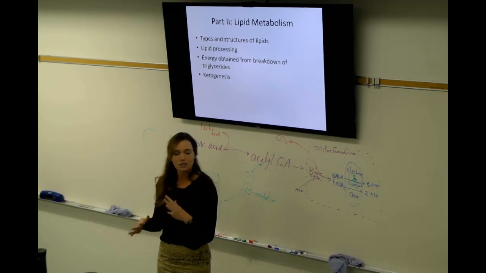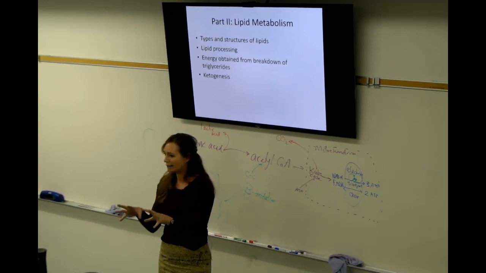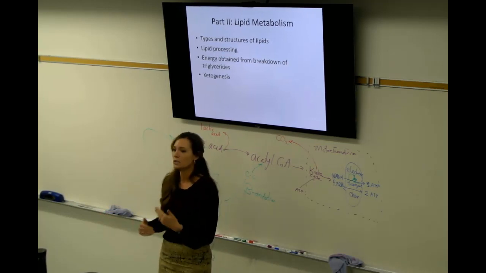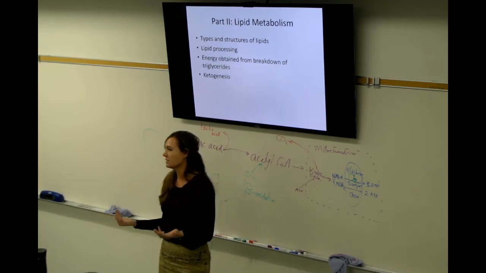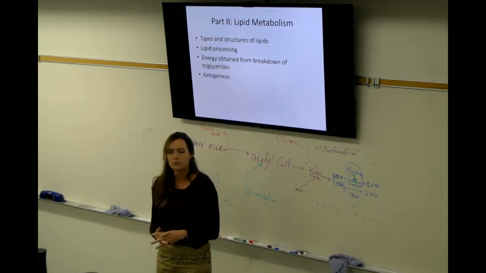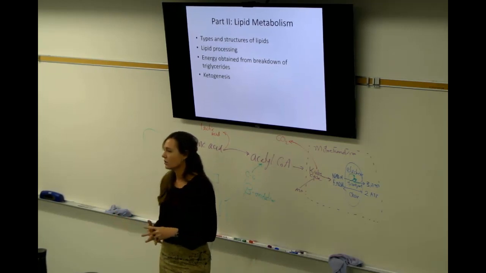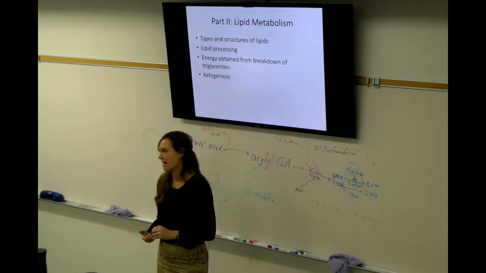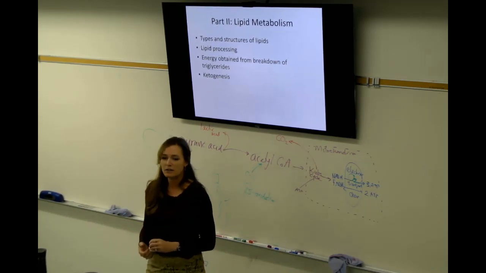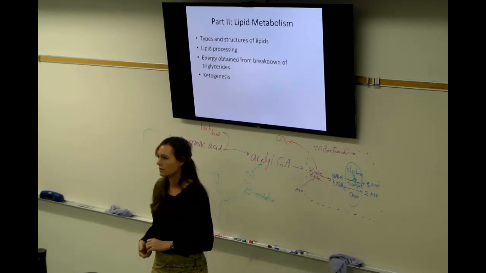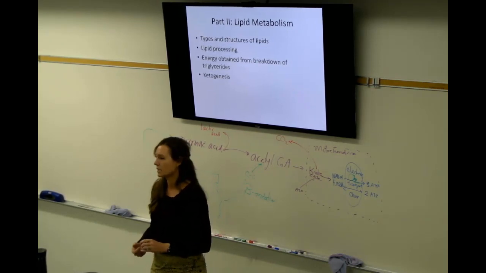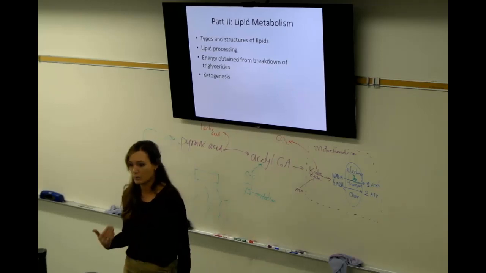So the body has to do some trickery and say, all right, I'm going to take the fat and turn it into glucose, but in doing so, ketones are this nasty byproduct that comes from that process. It's an adaptation that allows us to stay alive and keep our brain going, even if we're not eating carbohydrates. It's not a very efficient way to do things, but it is a way we can help keep our brain surviving.